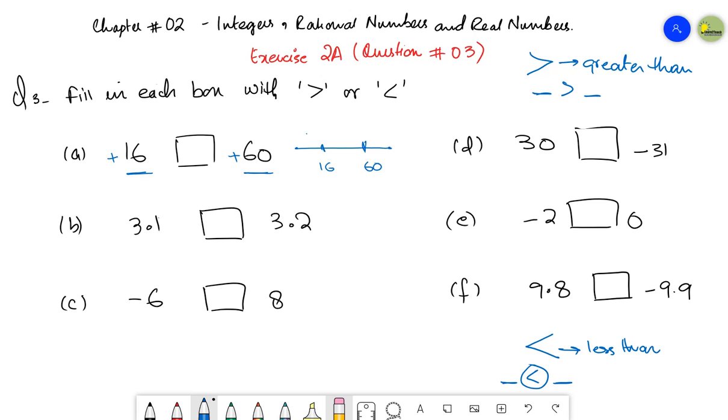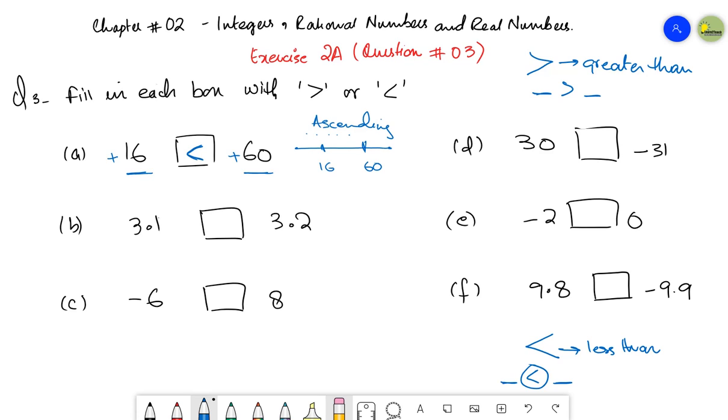Why? Because on my number line, the numbers are arranged in ascending order. So the smaller numbers come first and the larger one comes next. So 60 is bigger than 16. So I can say that 16 is less than 60. I will use the less than symbol over here, because I know that 16 is less than 60.